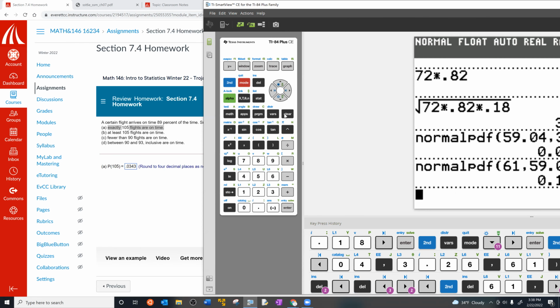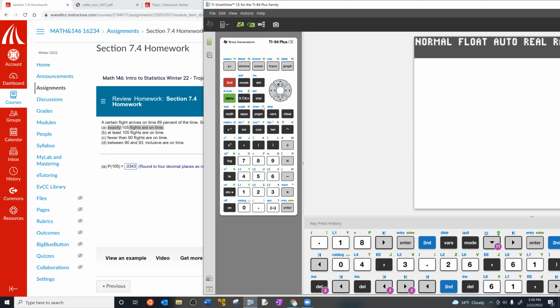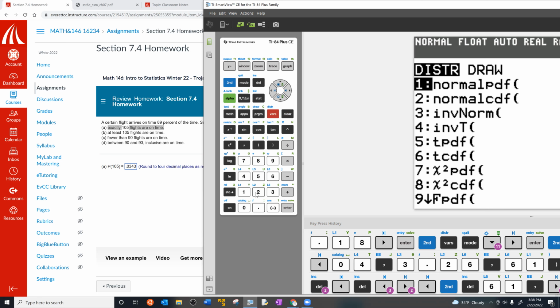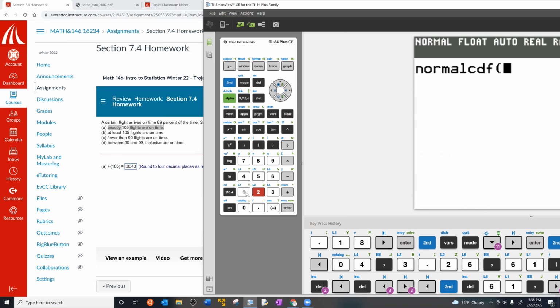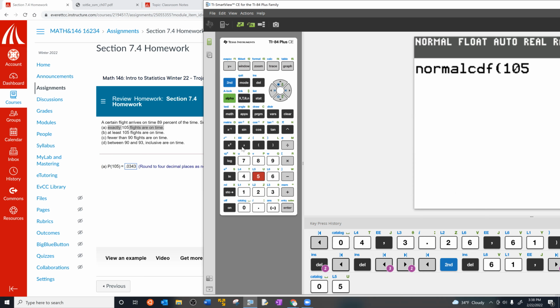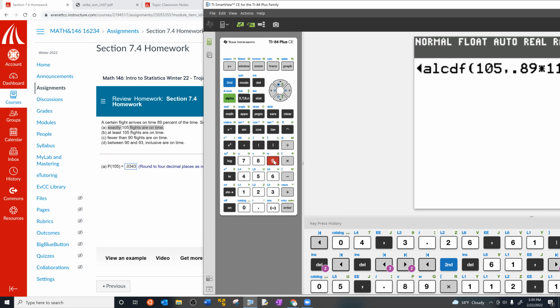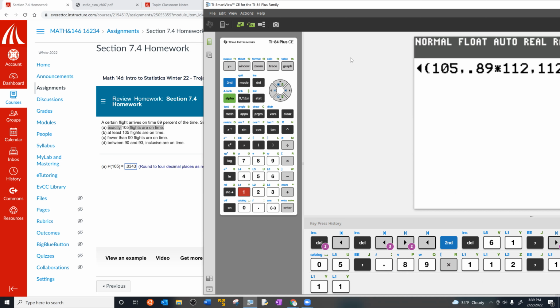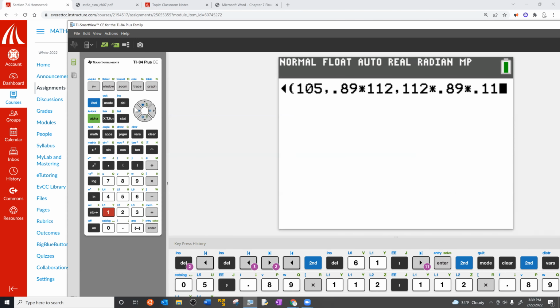All right, let's go over this one more time. It's going to be 2nd Distribute, normalpdf. There's 105, comma, the mean, which is 0.89 times 112, comma, the standard deviation, which is 112 times 0.89 times 0.11, and we're actually supposed to take the square root of all of that.